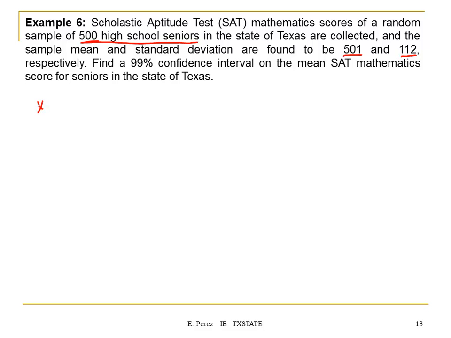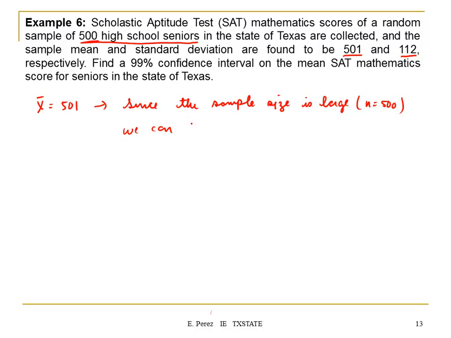So X bar equals 501. That's our sample mean. And again, let me make a note here. Since the sample size is large and equals 500, then we can use the approximation.